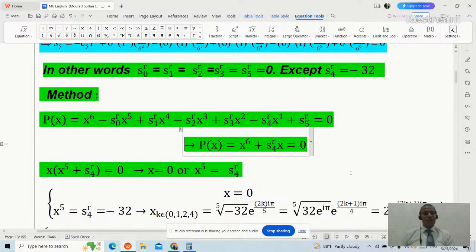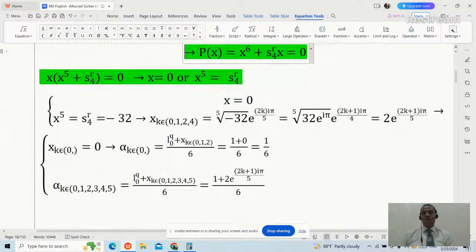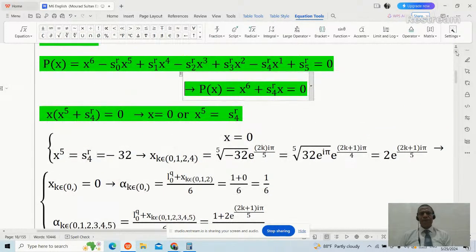Therefore I will continue solving. This one I'll write x^5 equals S4, but just a moment, this is negative S4, of course.